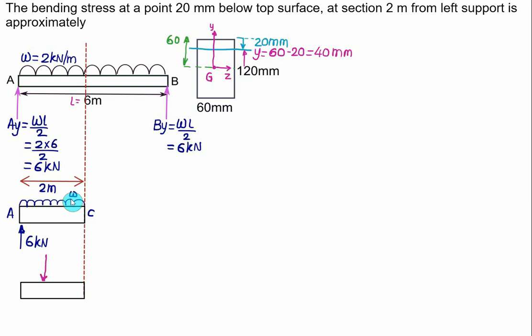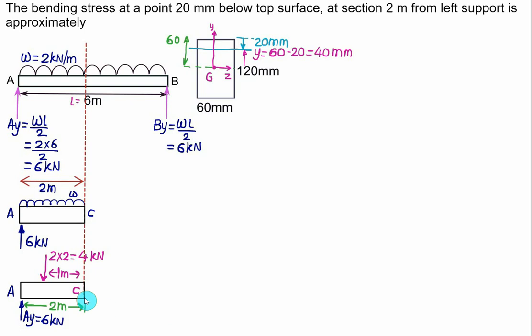W is equal to 2, and the total length here is equal to 2. It means the total force acting downward is 4 kilonewton at a distance of 1 meter from C. And at point A, we have one vertical reaction AY, and this value of AY is equal to 6 kilonewton.